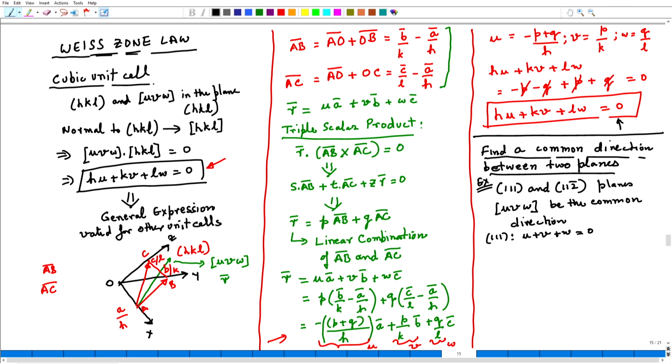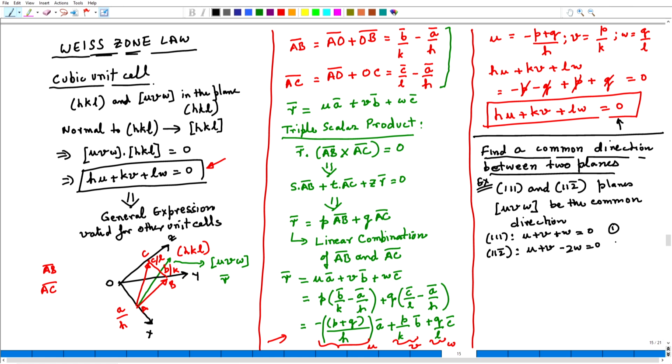Now, I apply the same law to the plane 1 1 bar 2, and I will get another expression, u plus v minus 2 w equals 0.